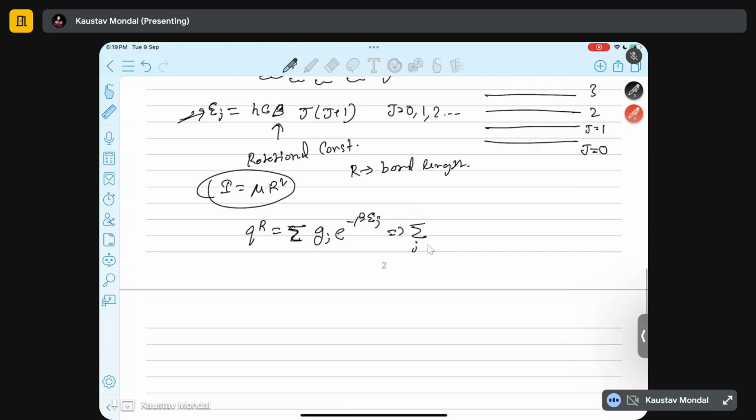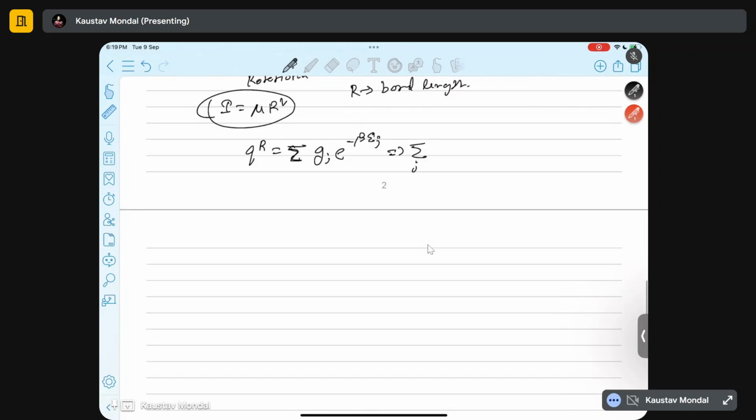These states are degenerate states, and for the jth state, the degeneracy would be 2J plus 1.